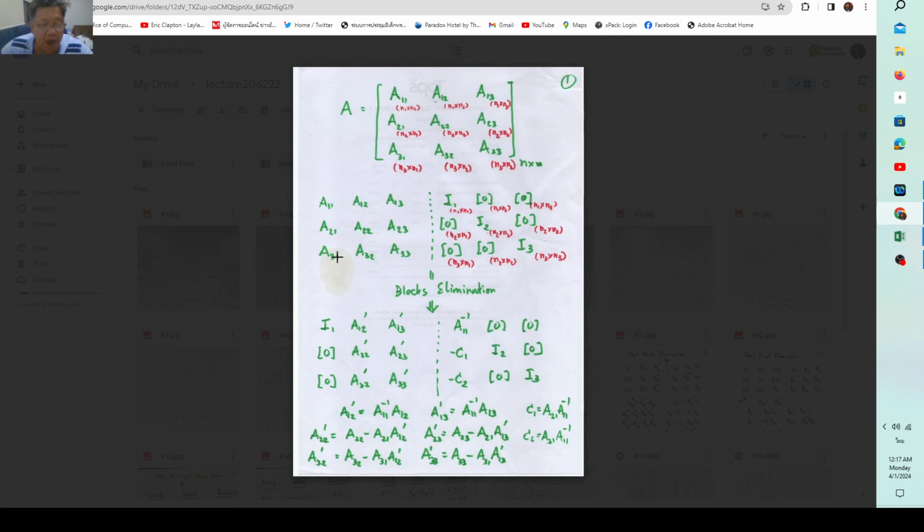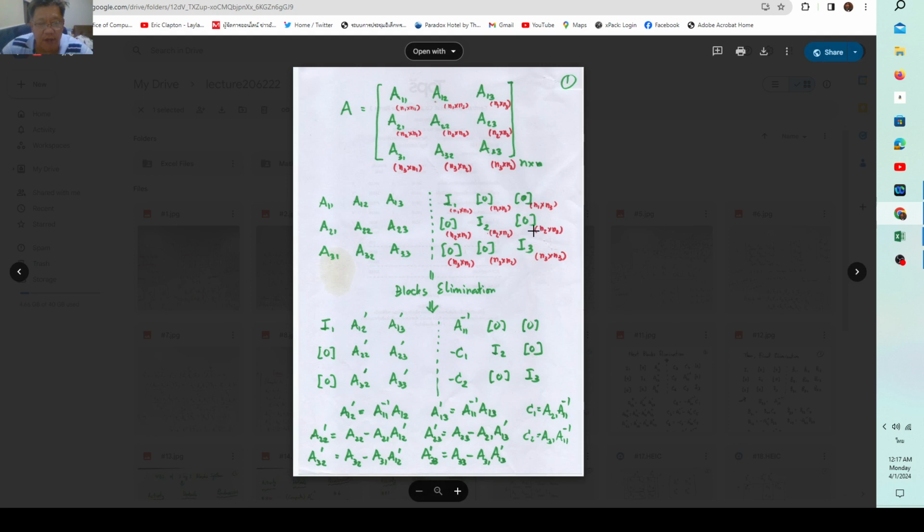The next step, we're trying to eliminate A21 to become a 0 submatrix, and A31 too, by block elimination. So with A21, to make this a 0 matrix, the easiest way is we multiply A21 by the corresponding row of submatrices, and then subtract it from the original second row.